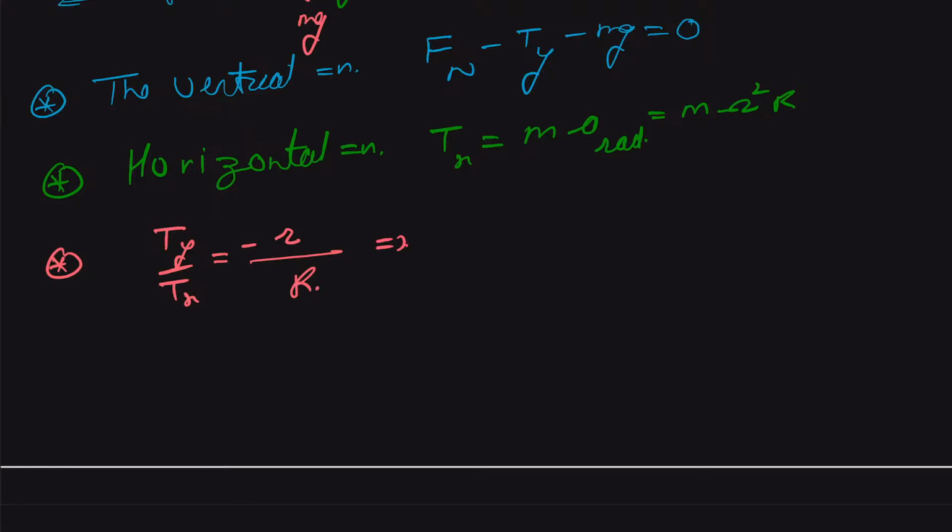Let me write it. This is minus of Ty, and therefore we can say that T of y will be equal to minus r upon capital R times T of x. And we can use this value of T of y and solve it further.